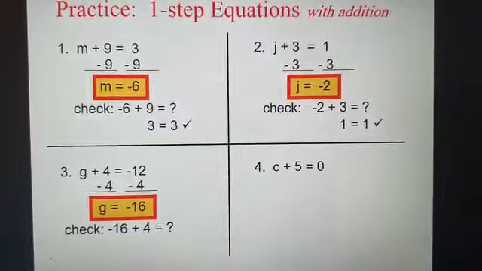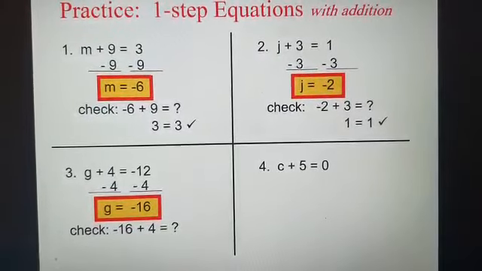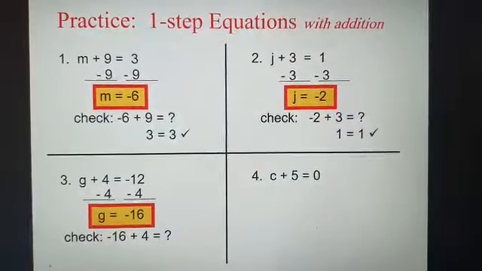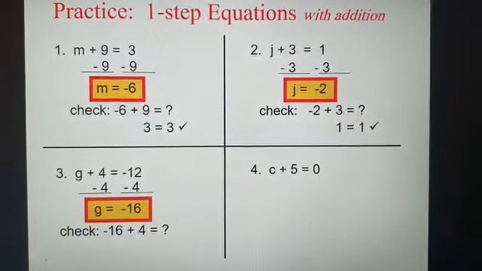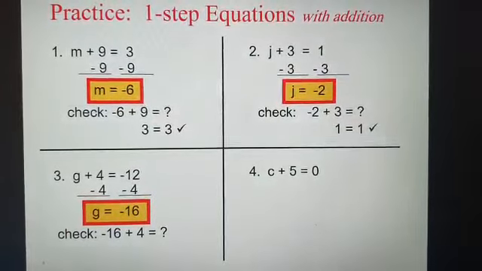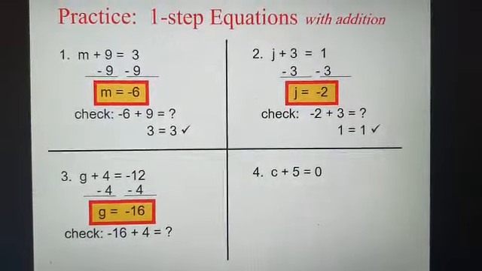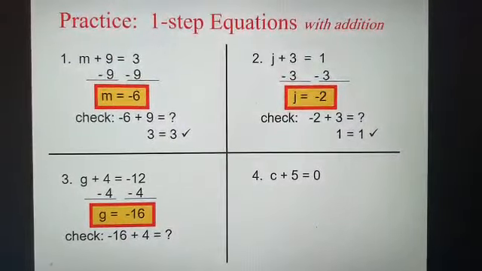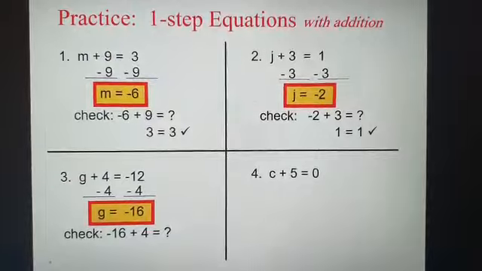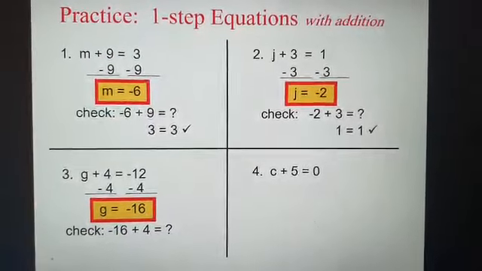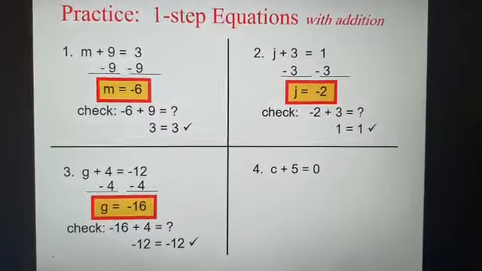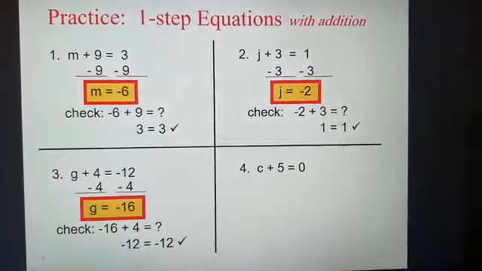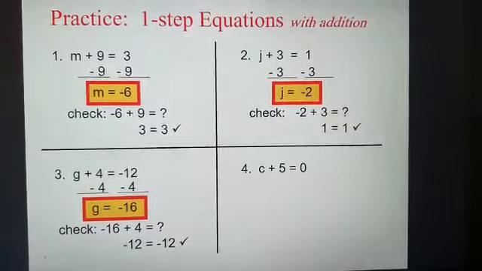If negative 16 plus 4 equals negative 12, my answer is correct. If not, my answer is not correct. Now we have two integers with different signs. We will use the sign of the bigger number, so negative, and subtract: 16 minus 4 equals negative 12. Since the left hand side equals the right hand side, my answer is correct.